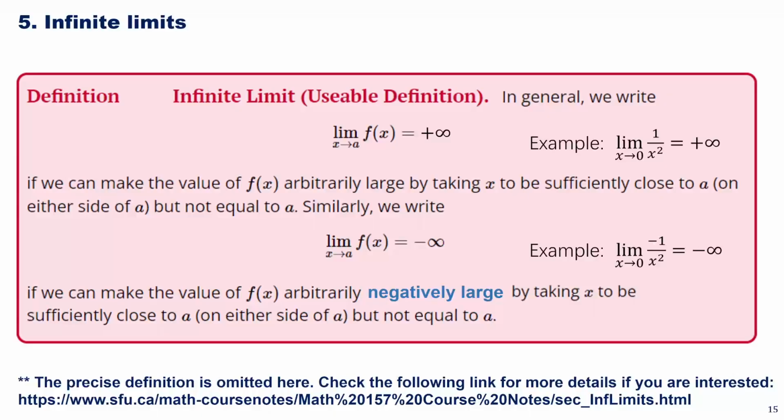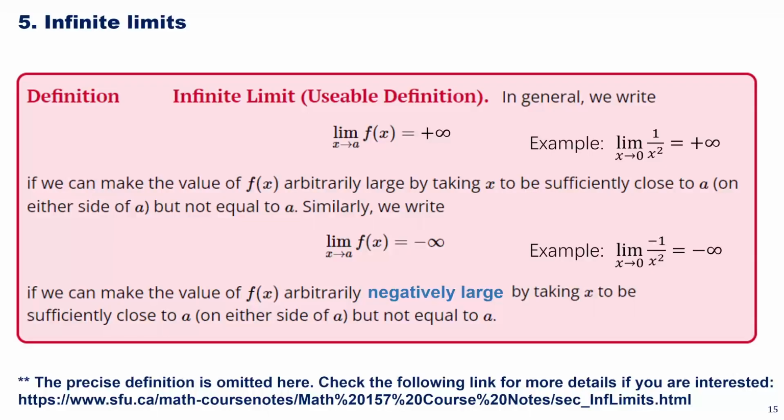Similarly, we write the limit of f(x) when x approaches a equals negative infinity if we can make the value of f(x) arbitrarily negatively large by taking x to be sufficiently close to a on either side of a but not equal to a.